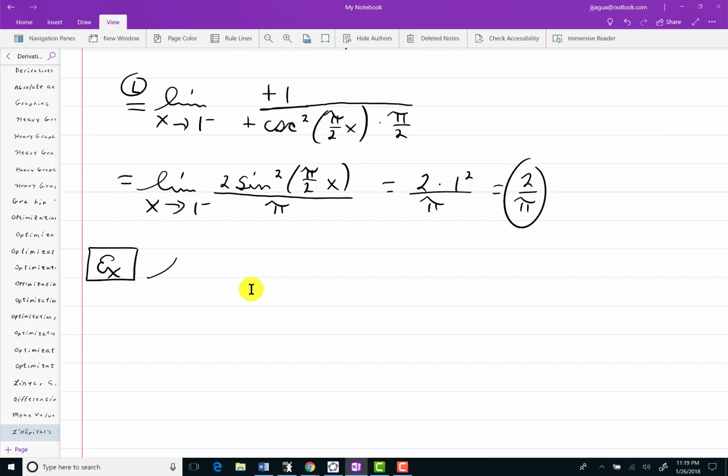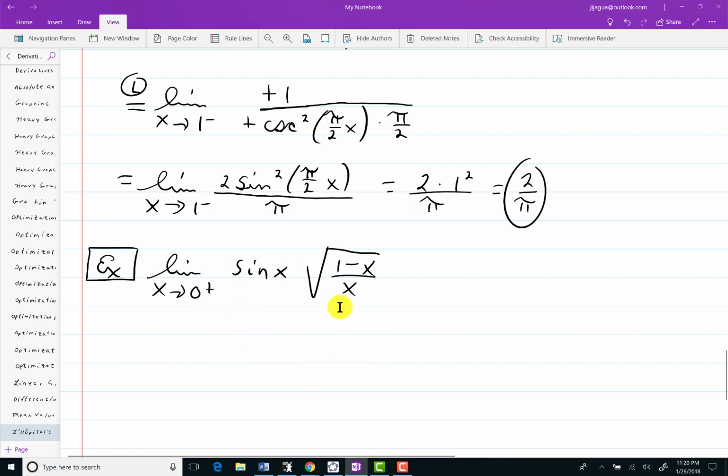This one, the limit as x goes to 0 from the positive side, sine of x times the square root of 1 minus x over x. So let's see what happens if I try to plug in x equal to 0. Well, sine of 0 is 0, that's for sure.